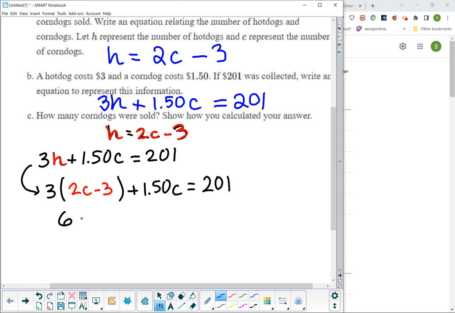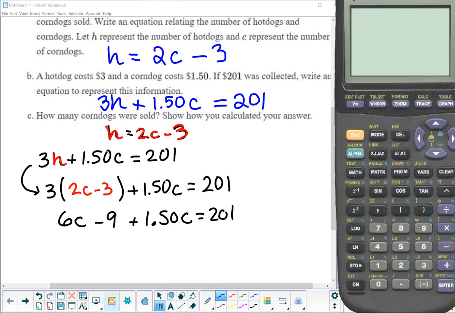Now you're going to do the math here. And you get 6C minus 9 plus 1.50C equals 201. So let me bring out my calculator. I know I need to use a calculator.